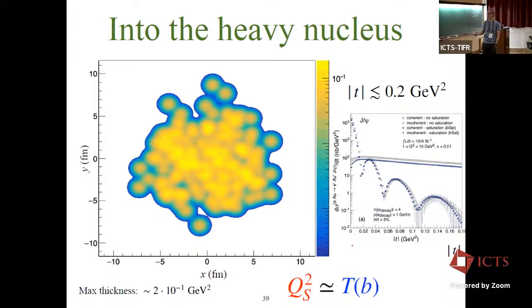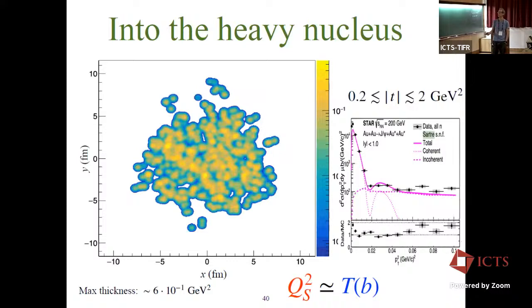And we see that we get a factor of 2 larger maximum thickness in some points here in the transverse space. Then we can go to the hotspot model. So then we see that the enhancement in some points here has grown by a factor of 6 compared to the Woods-Saxon.